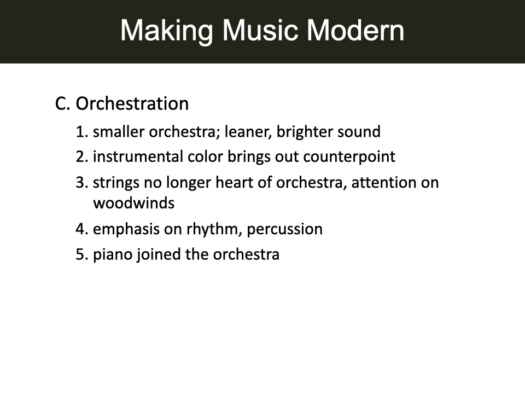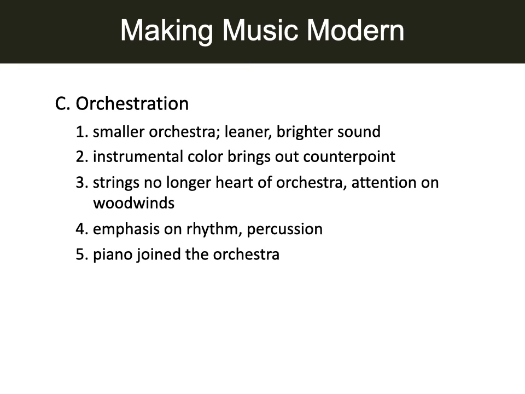Instrumental color brings out counterpoint. So, using different distinctive colors will let you hear how the instruments are interacting with each other more clearly. Strings are no longer the heart of the orchestra.